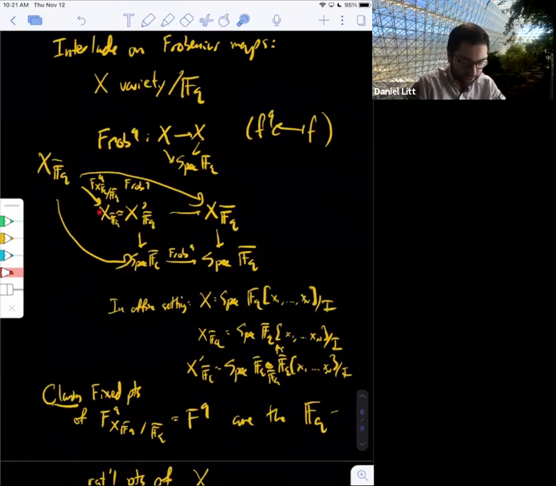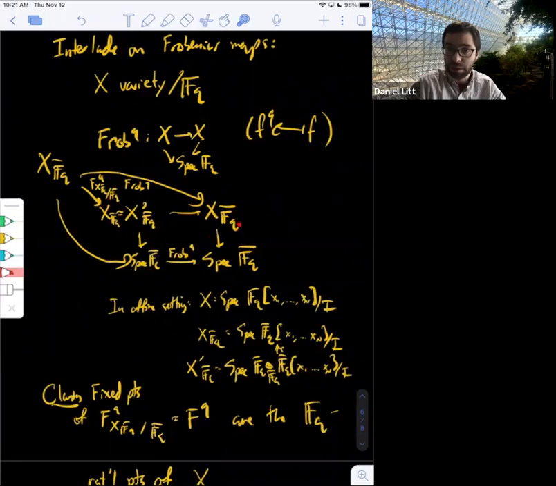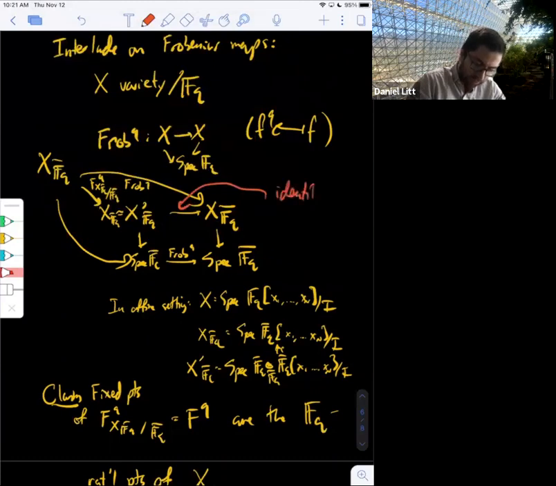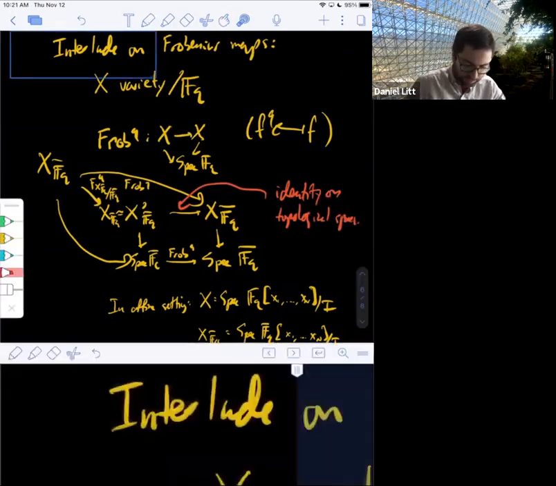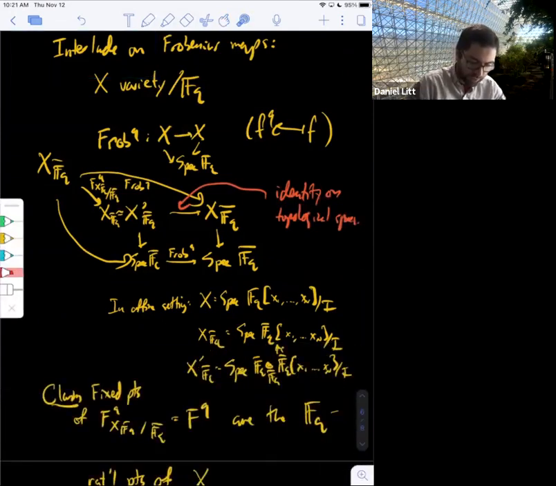Under this identification here, this map is the identity on underlying topological spaces. So the geometry of this map, what this map does on underlying topological spaces, is tautologically the same as what this one does, and its fixed points are the rational points.